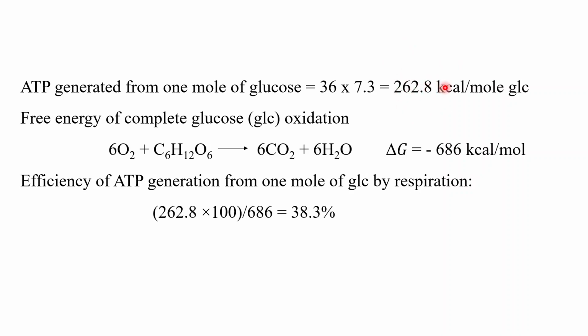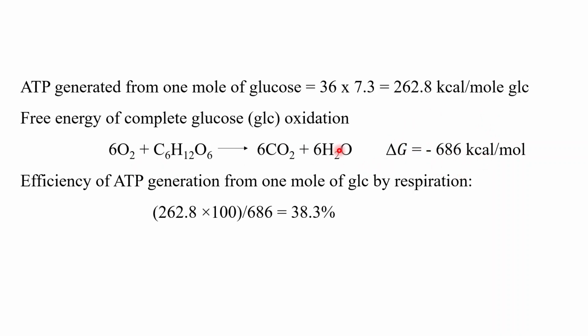energy, 262.8 kilocalorie. Now for the complete oxidation of glucose, that is glucose in the presence of oxygen completely converted into 6 molecules of CO2 and 6 molecules of H2O, the delta G value is highly negative.